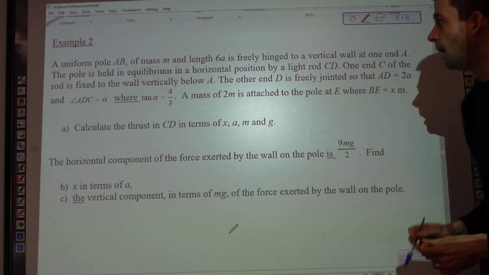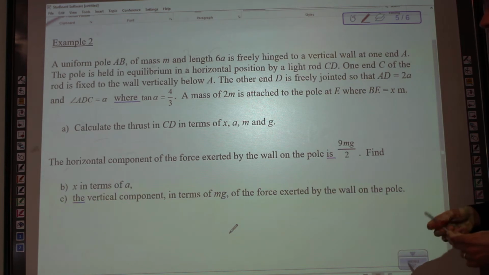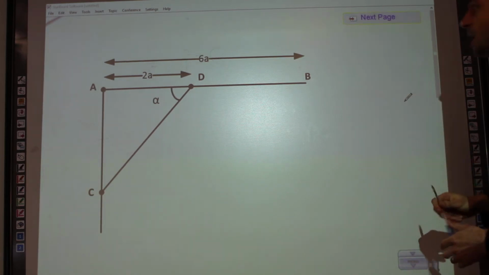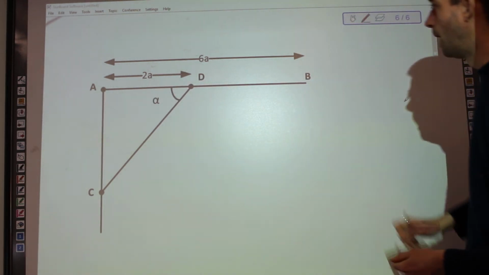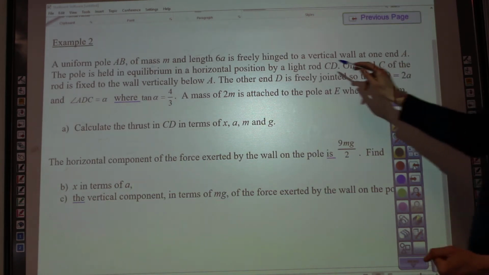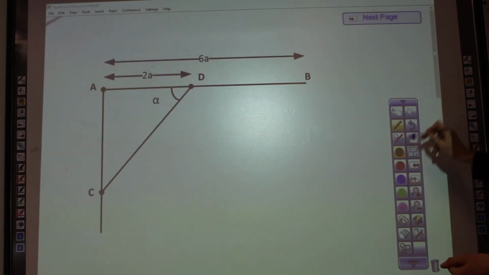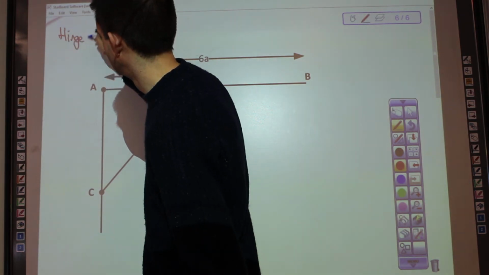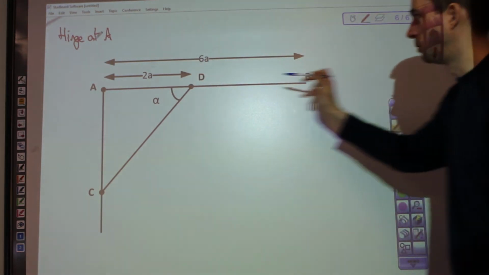Right, so let's first of all get this into a diagram. I've provided one. AB is the uniform plank, and it is freely hinged to a vertical wall at one end A, so the hinge is at A. This is our uniform plank.